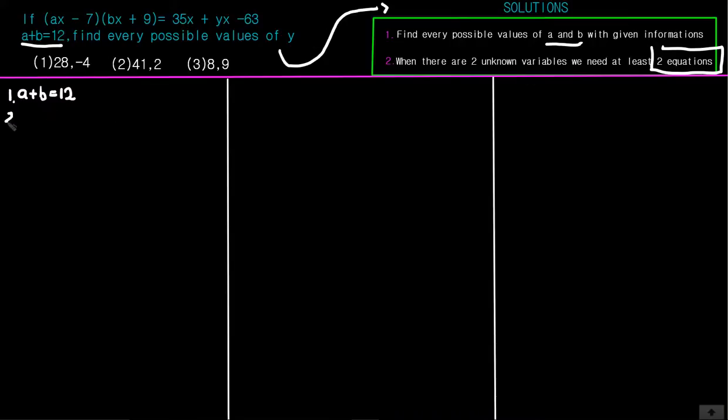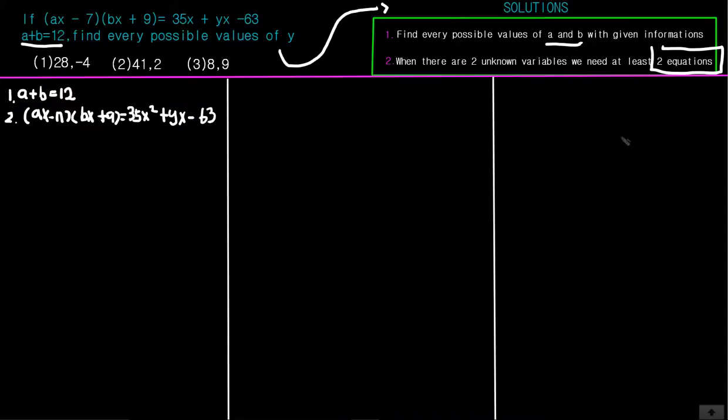In the second step, we know that ax minus 7 times bx plus 9 is equal to 35x squared plus yx minus 63.